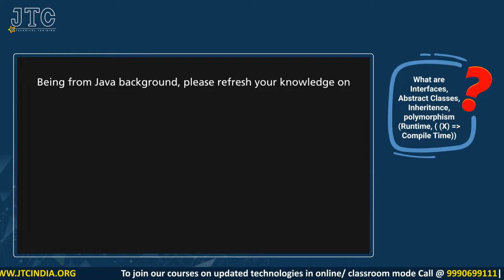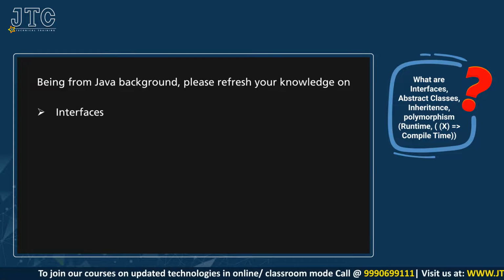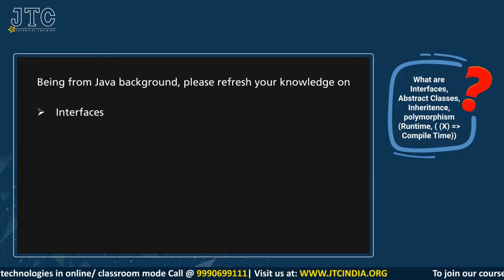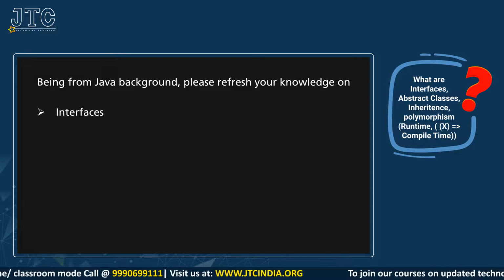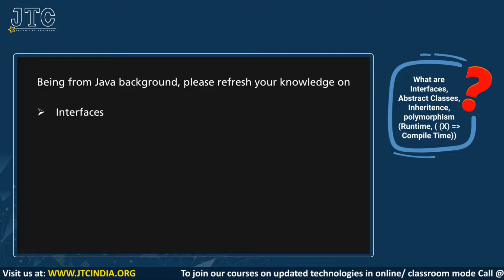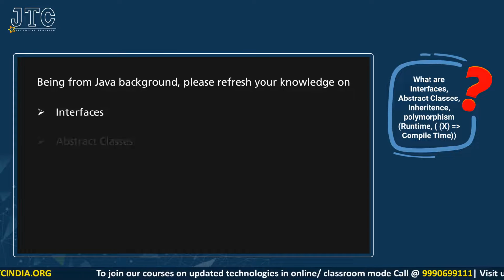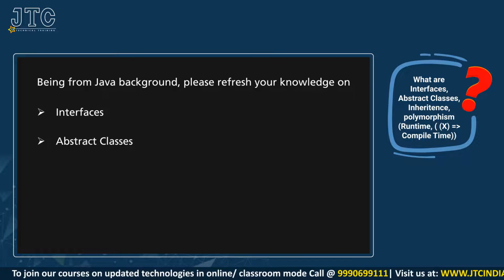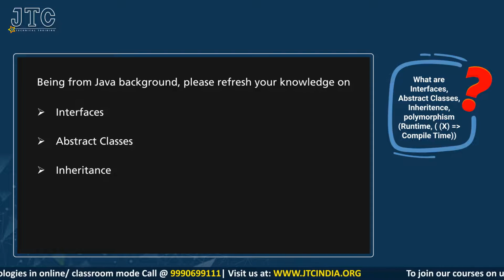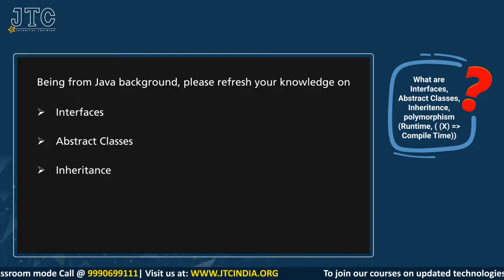They'll ask what are interfaces. Again, a few questions on what you have done in Java. You guys are from a Java background, so I think you would be great at explaining these concepts. What are interfaces? Abstract classes. They'll ask you about inheritance, and inheritance again, runtime.